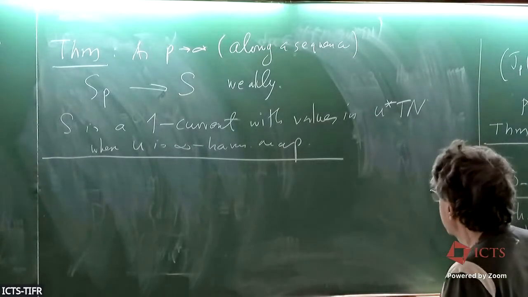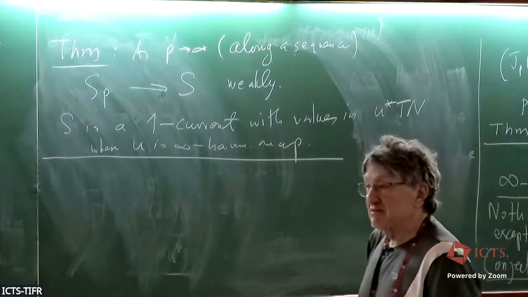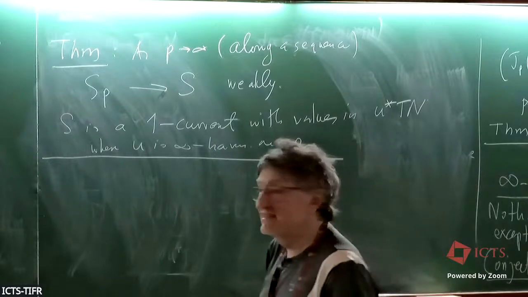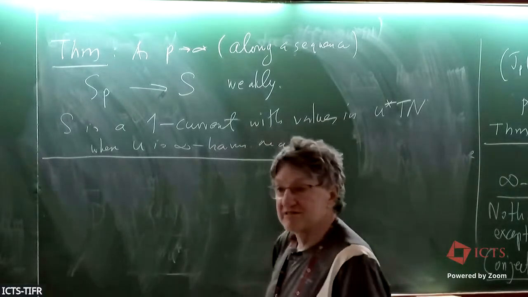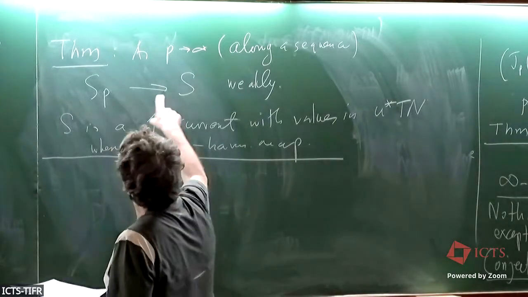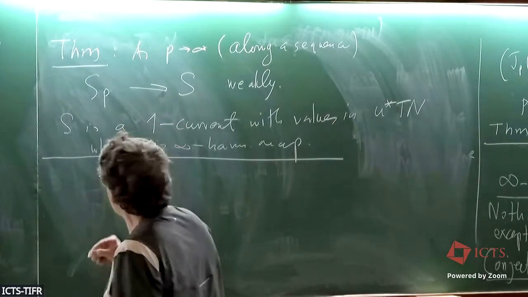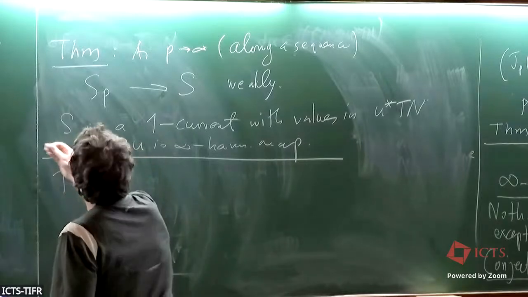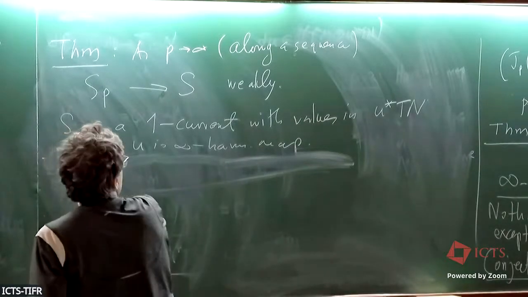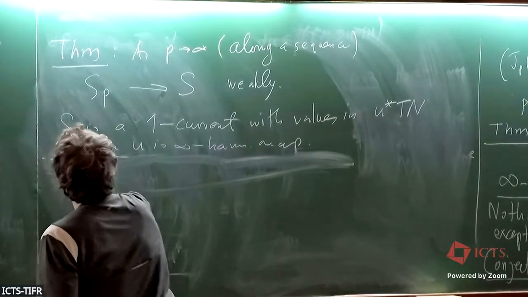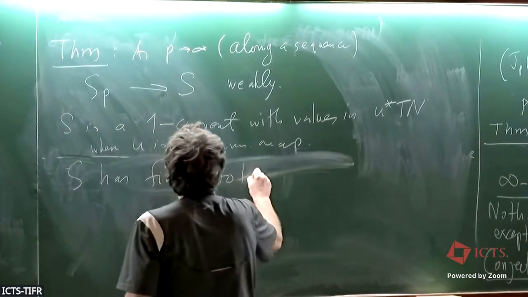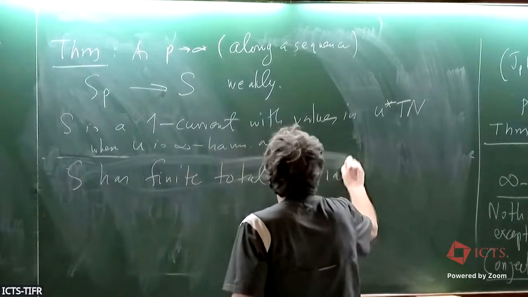We learned about earthquakes in the previous talk. So where does the transverse measure come from? Actually, the important thing maybe I should say is that S has finite total variation.